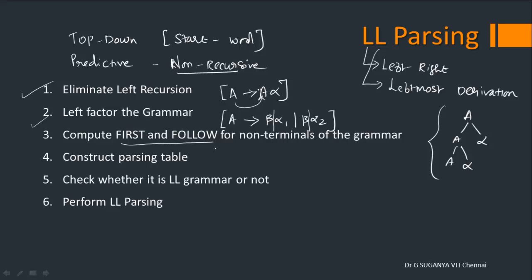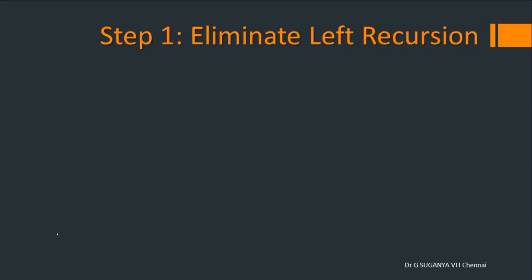Finally, if it is an LL grammar, we have to perform LL parsing. These are the steps we need to take while following a predictive parser. Let's move on to see each step with an example.